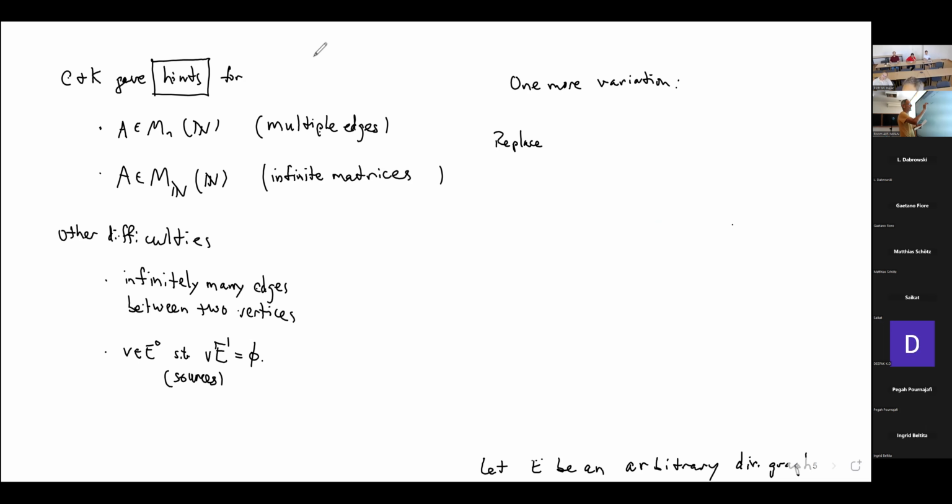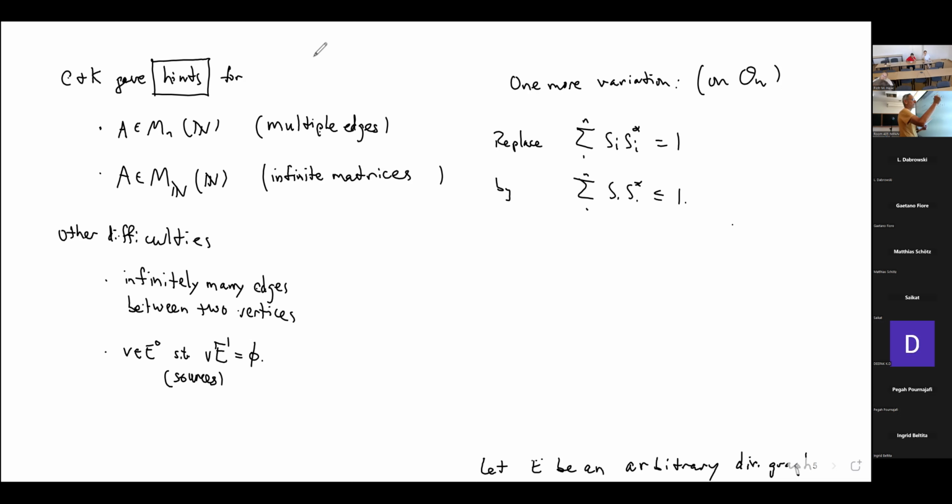So this is now a variation with the Cuntz algebra. Let's replace the sum from 1 to n of S_I S_I star equals 1 by the less than or equal to version, an inequality.